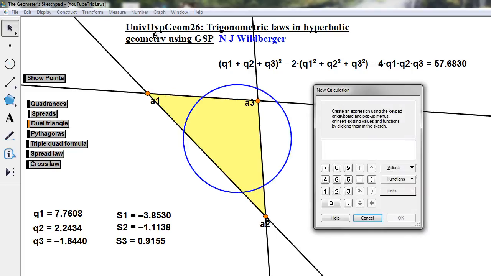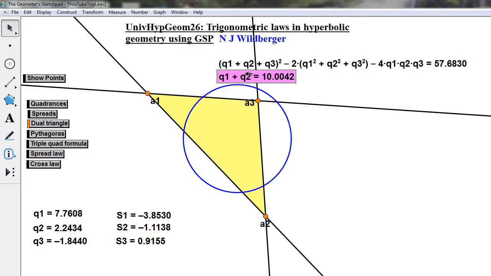So suppose we press that, and now we can input anything we want, but we can also input quantities that we've already calculated. So for example, suppose I wanted to calculate Q1 plus Q2. Then this would calculate for me Q1 plus Q2.